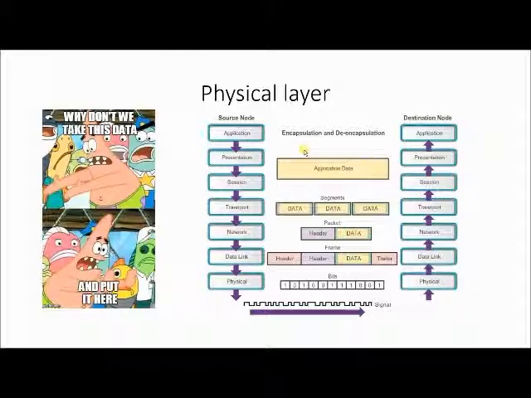Each time, 3 signals are sent, as we can observe in the image. The destination node's physical layer retrieves these signals and restores them to the bit representation, then passes them to the data link layer to complete a frame.